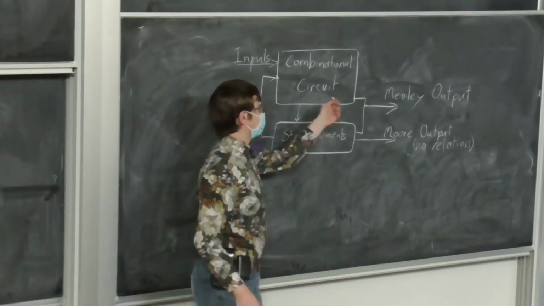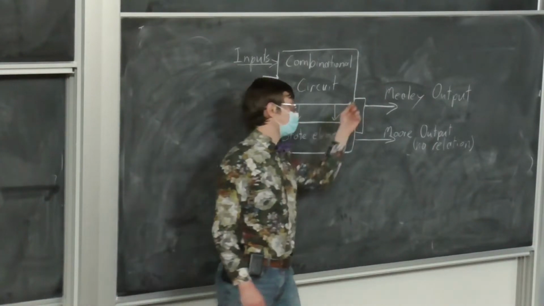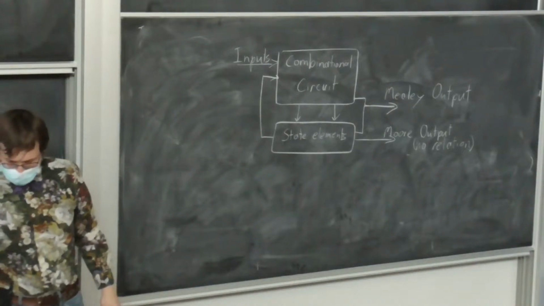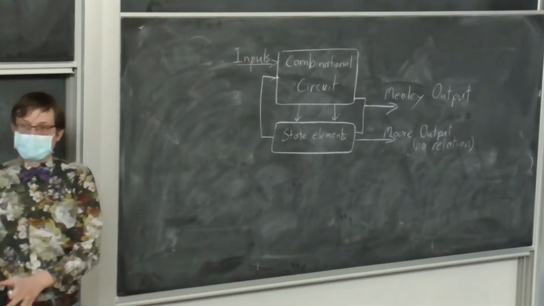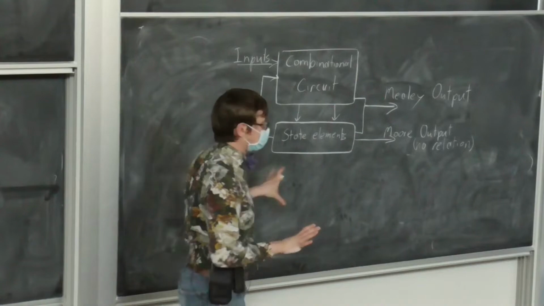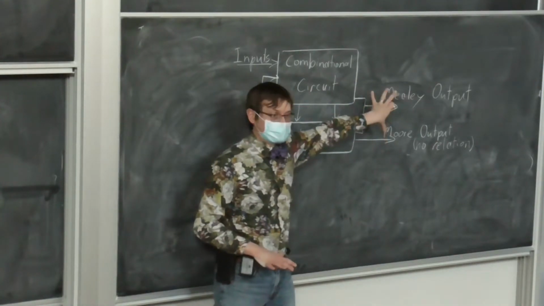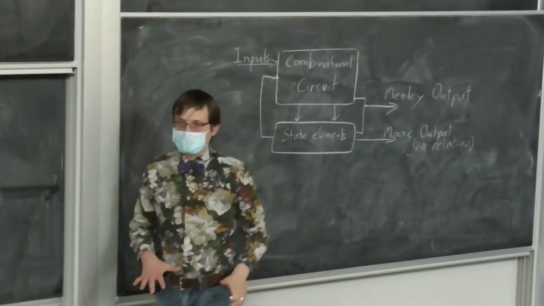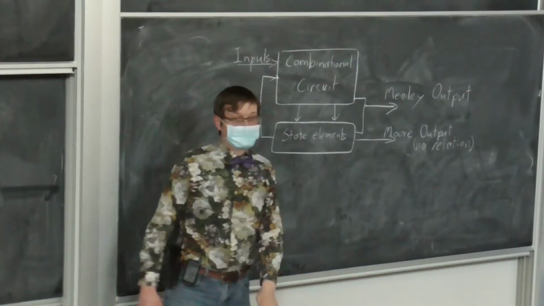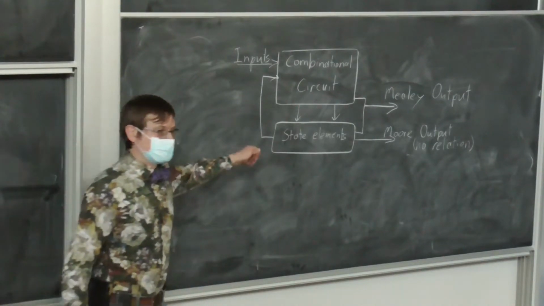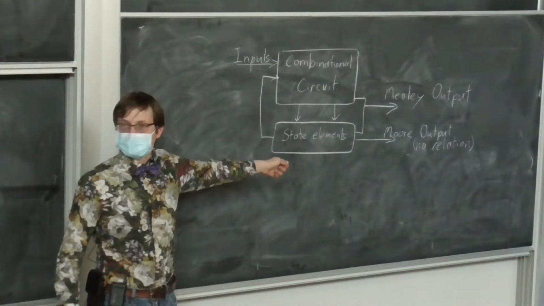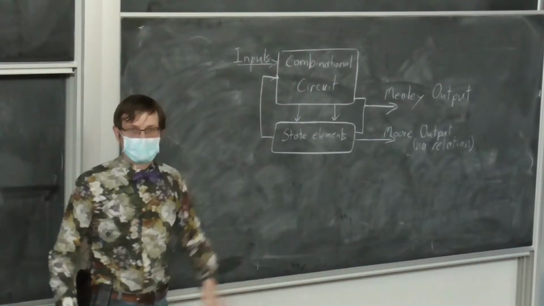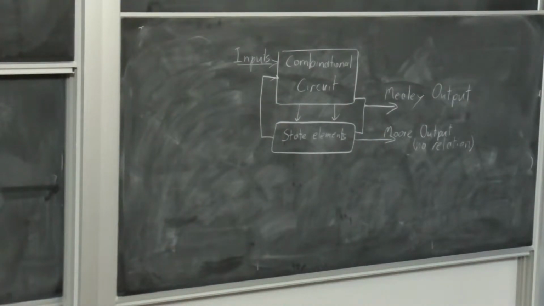Mealy requires more combinational circuitry in order to be able to draw from it to produce the output, but in general, you can have less size occupied under Mealy. So Moore slightly faster, Mealy slightly smaller, Mealy generally preferred. Make sense? Any questions? Okay, good.